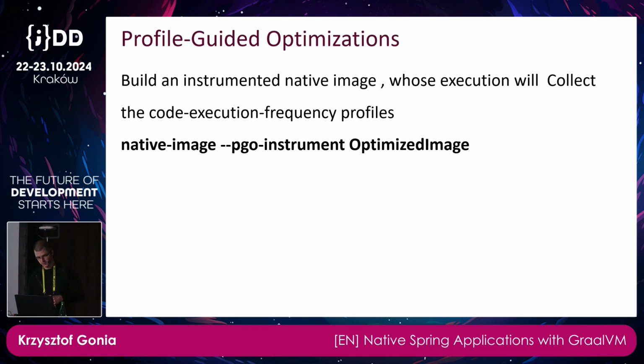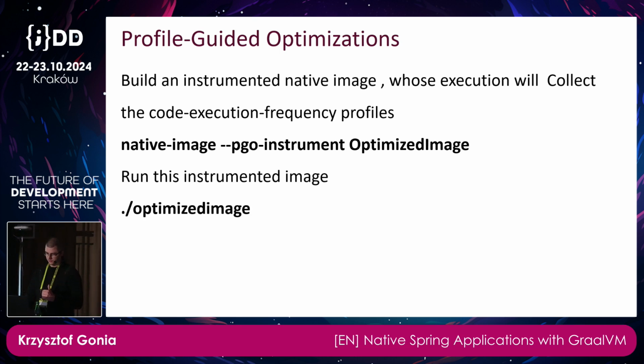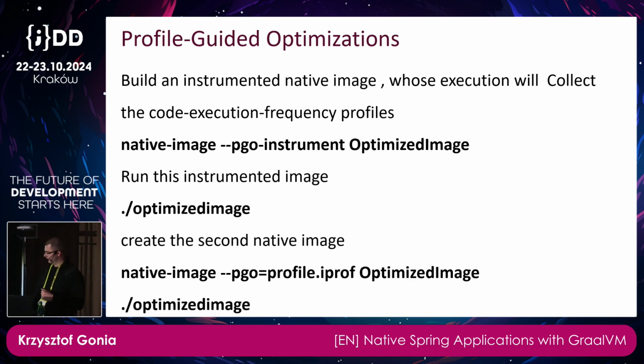And there is one nice thing called profile guided optimization, which will allow us to get similar throughput to the JIT approach. With profile guided optimization, we collect information about how our code is executed, and then we can build this image with instrumentation, run this image, and collect the information, which will be saved in a profile file.